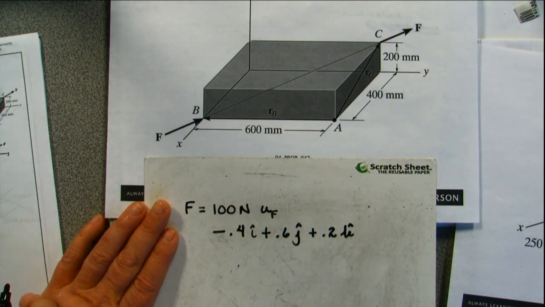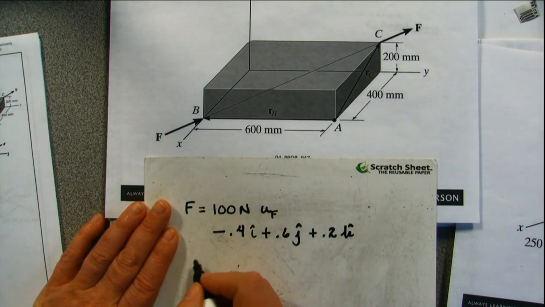So is everybody comfortable with that position vector? It's not a unit vector yet. It's just using the coordinates right off of the block to start to get my unit vector. We good?